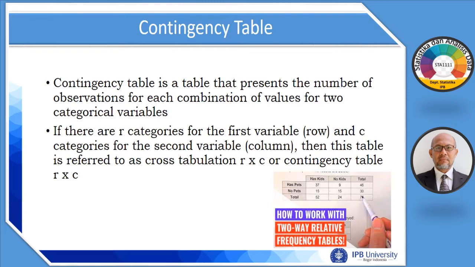If, for example, there are R categories for the first variable as a row and C categories for the second variable as a column, then this table is referred to as a cross tabulation R cross C or contingency table R cross C. Okay, look at the small picture at the bottom.